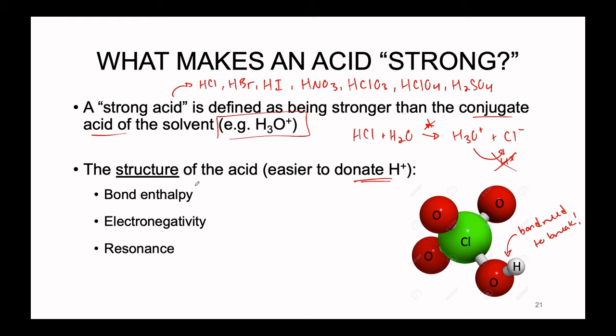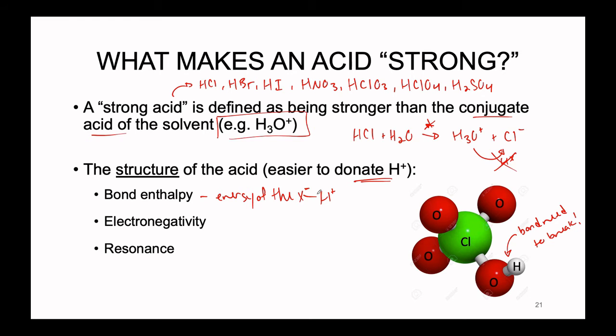First is bond enthalpy. This is the energy of the bond to H plus, right? So if, let's say, I just use variable X to represent the bulk of the entire molecule, there's a bond that goes to this H plus, where the bulk of the molecule should have some kind of counter charge to it.